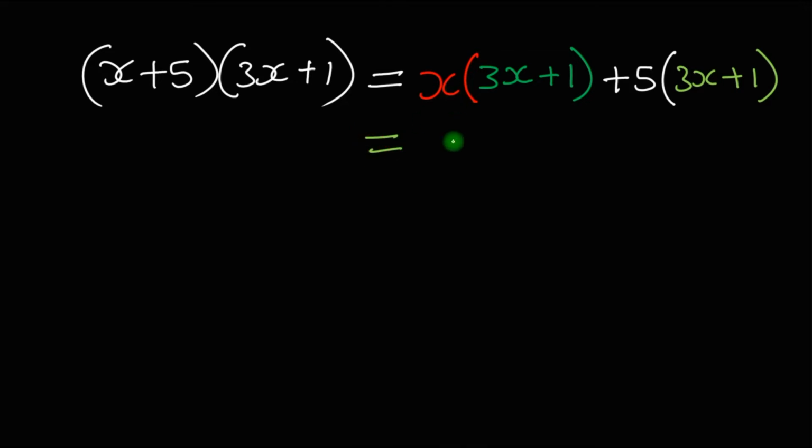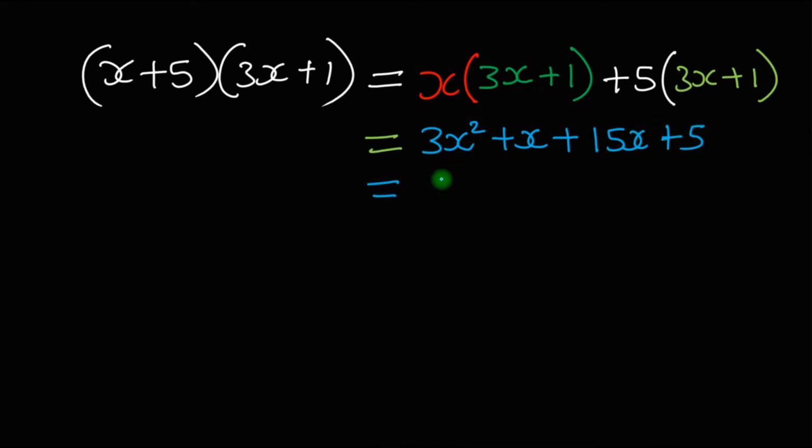So if we multiply x times 3x, we get 3x squared, then x times 1, we get plus x, then plus 5 times 3x, that is 15x, then plus 5 times 1, we get 5.